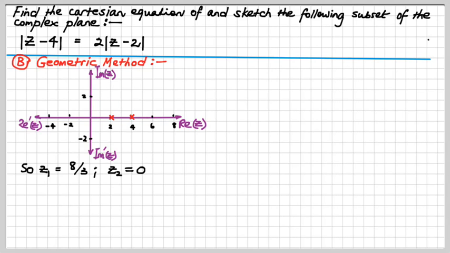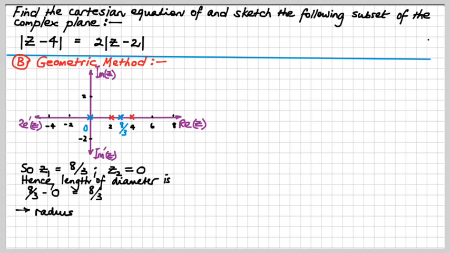So therefore we automatically can work out the diameter now, because they're points diametrically opposite each other. Therefore, the length of the diameter is going to be 8 over 3 minus 0, which is going to be 8 over 3 for you and me, and the radius therefore has to be 4 over 3, and the centre is basically going to be the average of those two extreme points on the circumference.